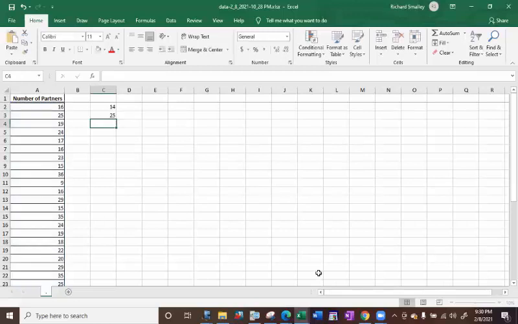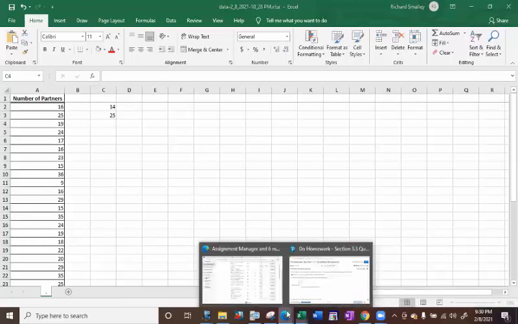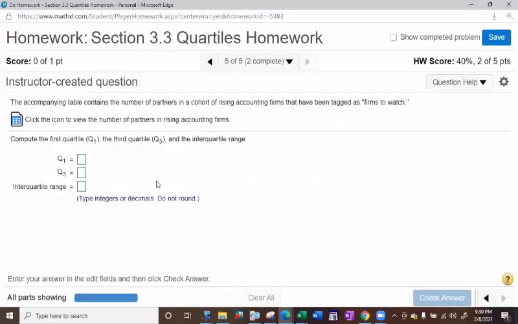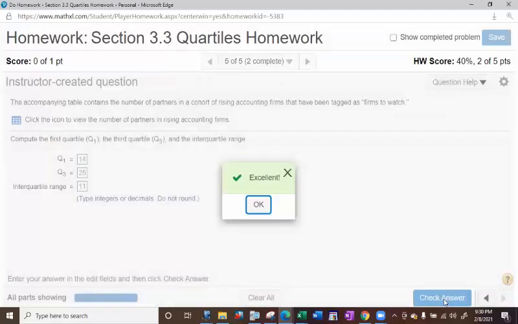I don't know if there's an IQR function in there, but frankly, there is in Excel, but there doesn't need to be one when you're just subtracting two numbers, right? So getting the quartiles is much more helpful. So I'm going to say 25. How about 11? Check answer. Beautiful.